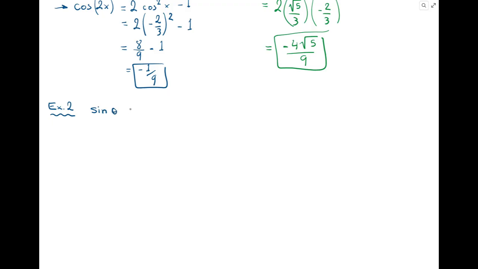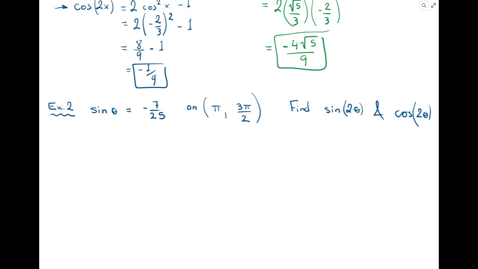Sine theta is equal to negative 7 over 25. And we're going to restrict that on the interval from pi to 3 pi over 2. And we want to find sine 2 theta and cosine 2 theta.